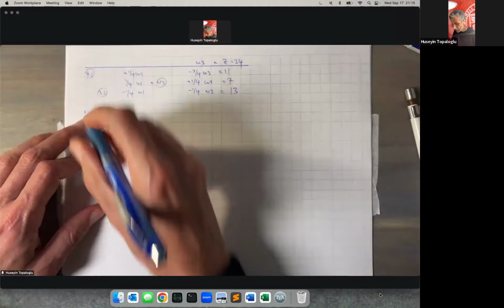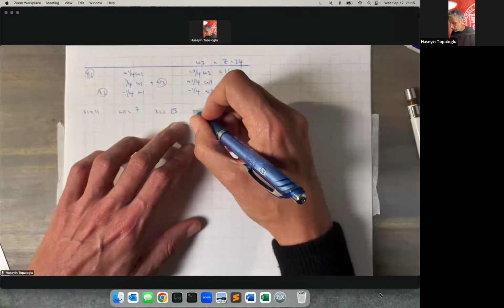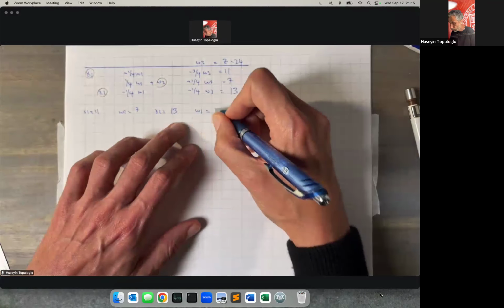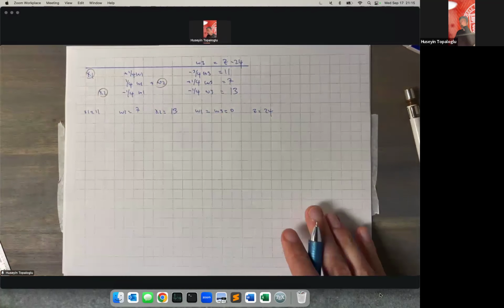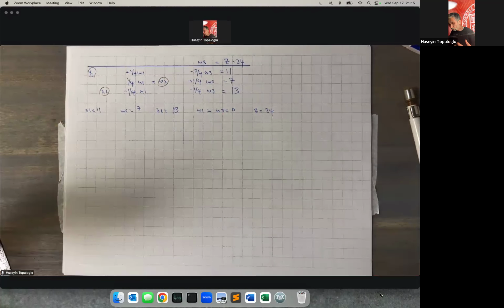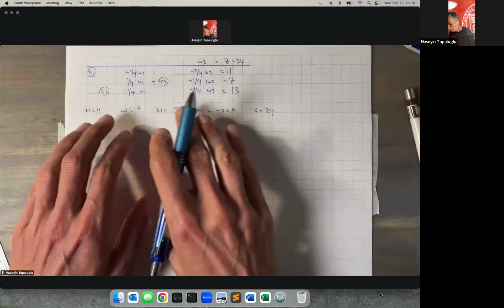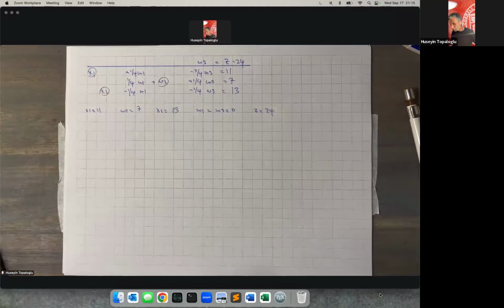They only appear in different constraint rows with coefficients of 1 and nowhere else. So the solution that we read is x1 is equal to 11, w2 is equal to 7, x2 is equal to 13, and w1 and w3 are 0, and z is equal to 24. So now I'm solving my original linear program that I would like to solve by now starting from this solution.